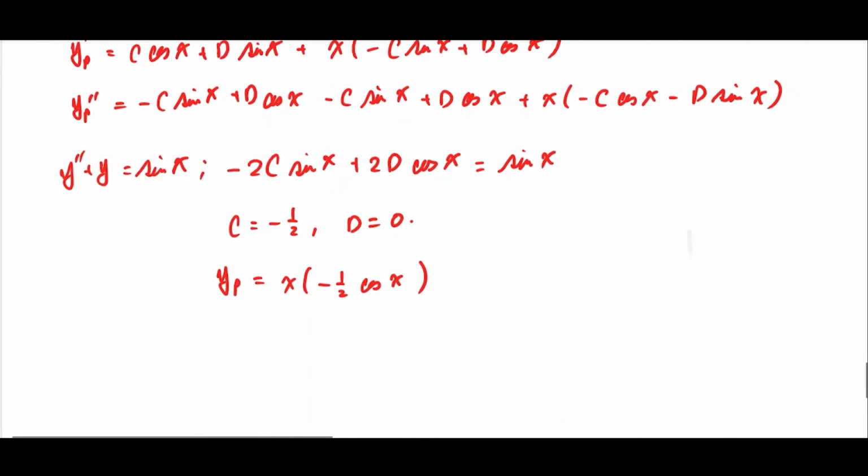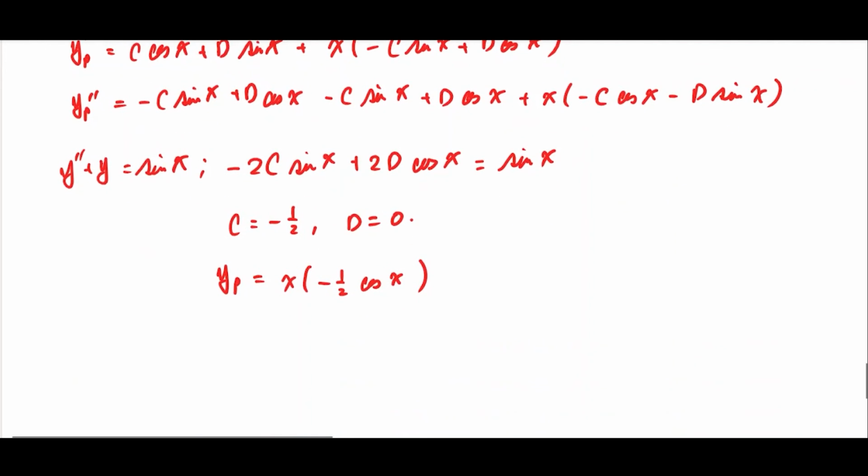So altogether, my final solution is your common solution, a cosine x plus b sine of x, and then minus 1/2 x cosine of x from this part right here. How's that? Good. Any questions?